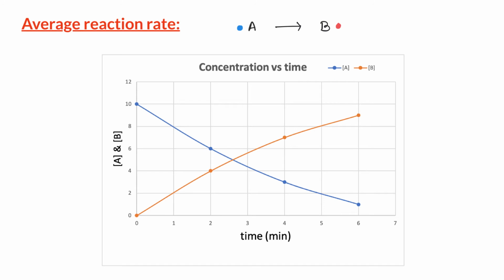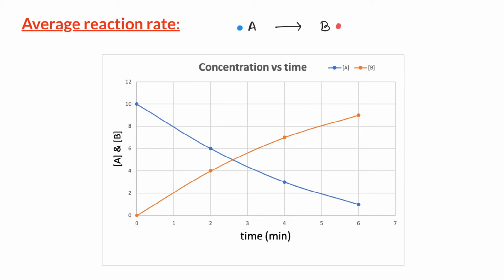If we plot the concentration of reactants and products on the y-axis and time on the x-axis, we get the following graph. As we can see, the concentration of A, that is reactants, in blue line keeps decreasing with time, and the concentration of B, products, increases with time.